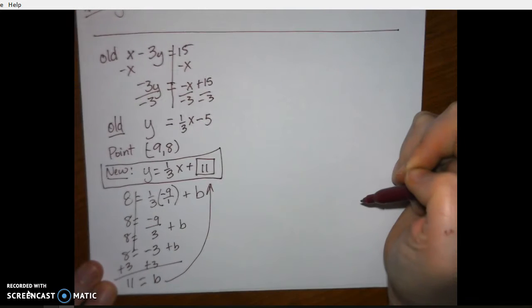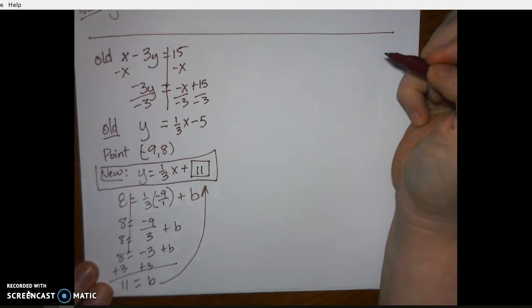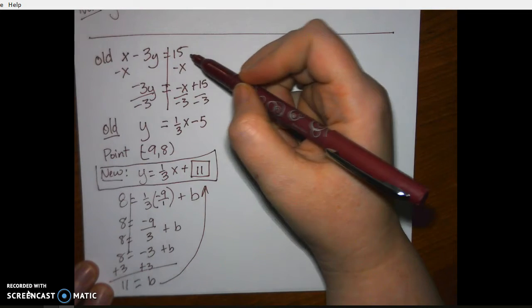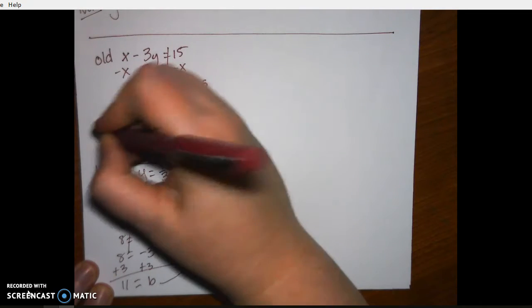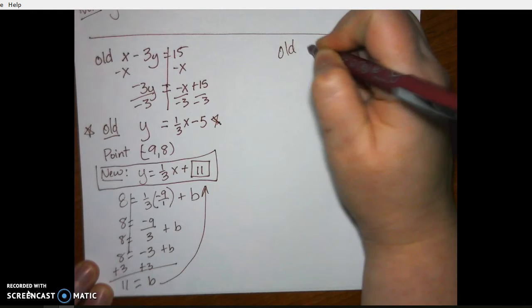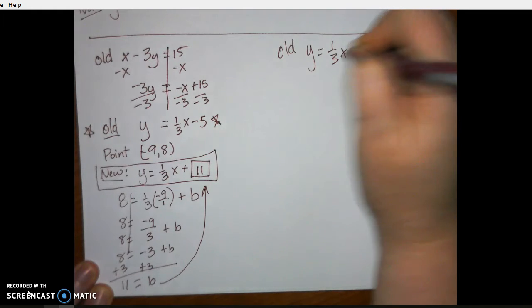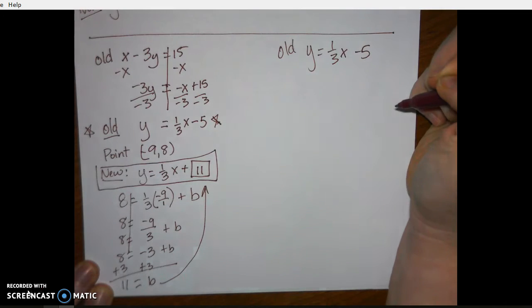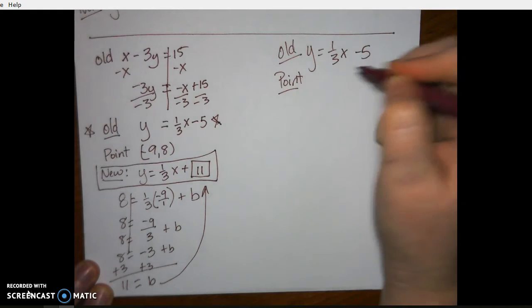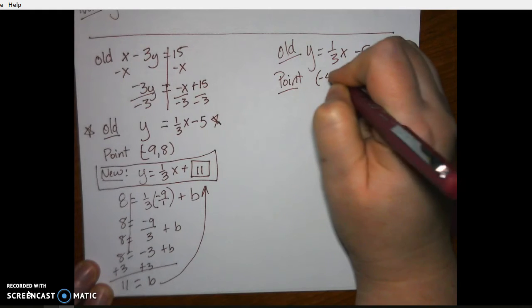Okay, let me do a perpendicular real quick. So, using this same line, so I can just start right here. Here's my old. Y equals 1/3 x minus 5. My point is if I want it to go through negative 4, 1.